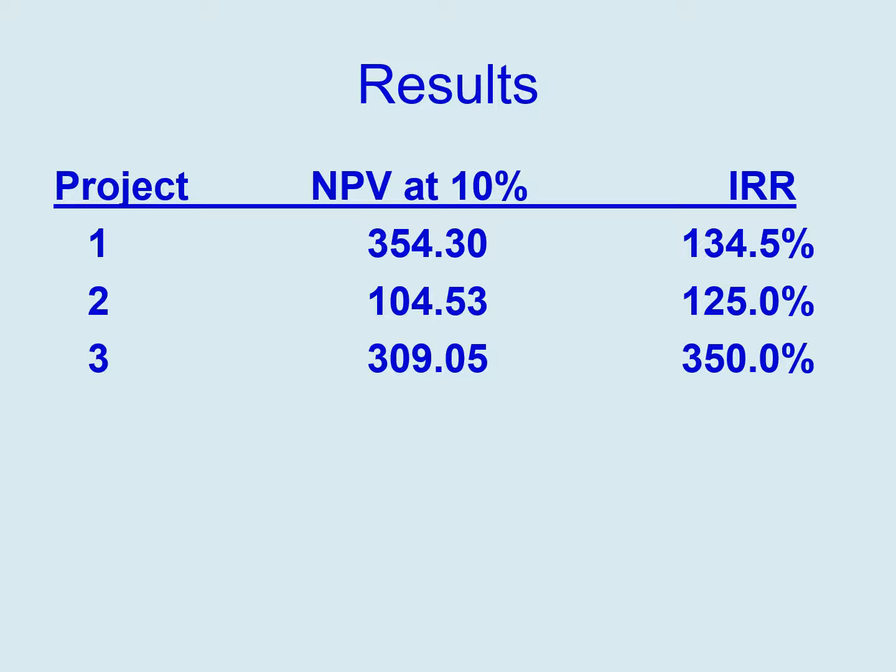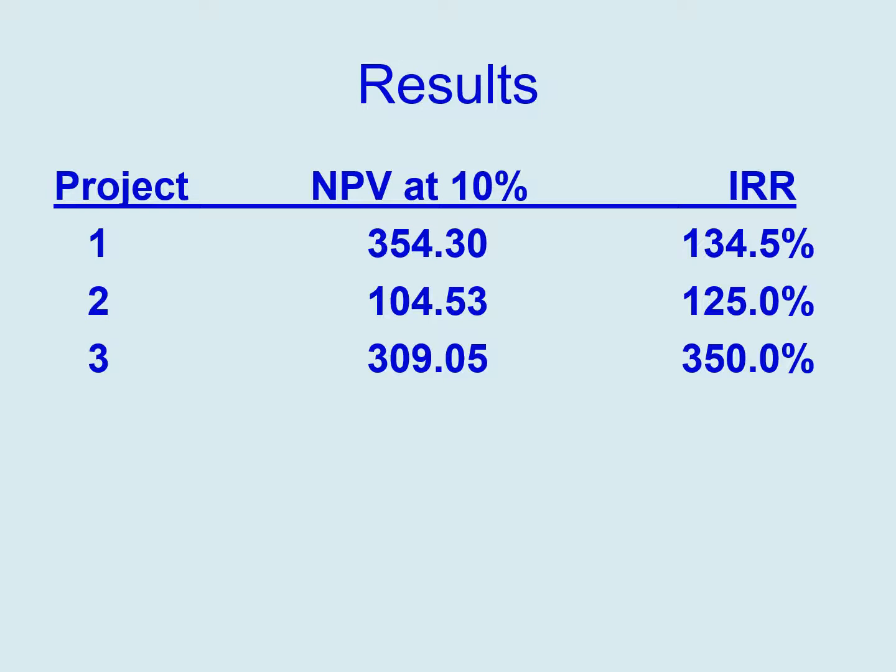Okay, now let's go ahead and reframe the same problem. Because if you think about it, really, the question we're asking, especially now that we know that all 3 projects have positive NPVs and IRRs greater than the cost of capital, the question really is, do we want to take projects 1 and 3 or 2 and 3, right?